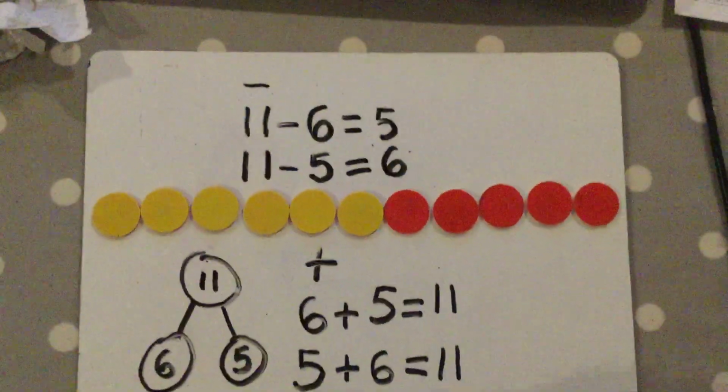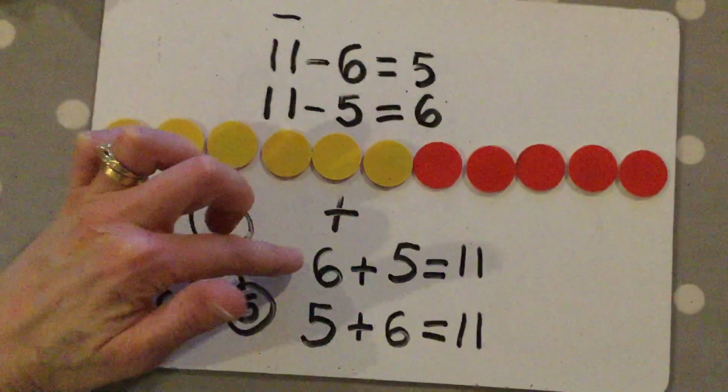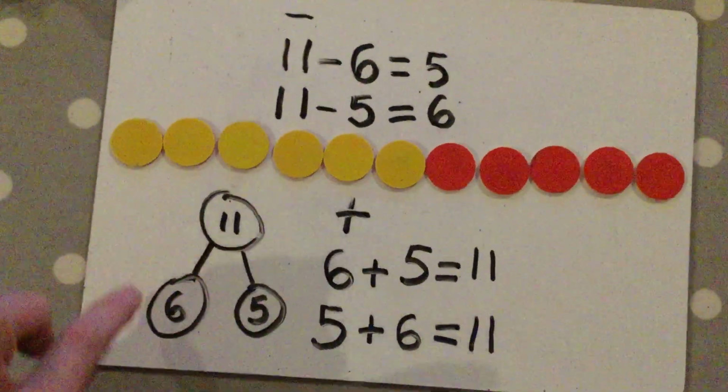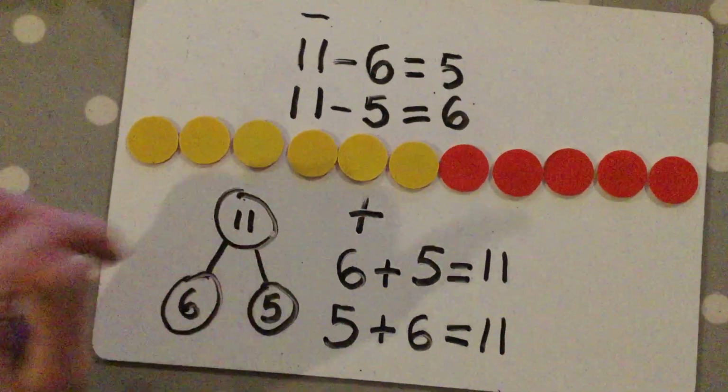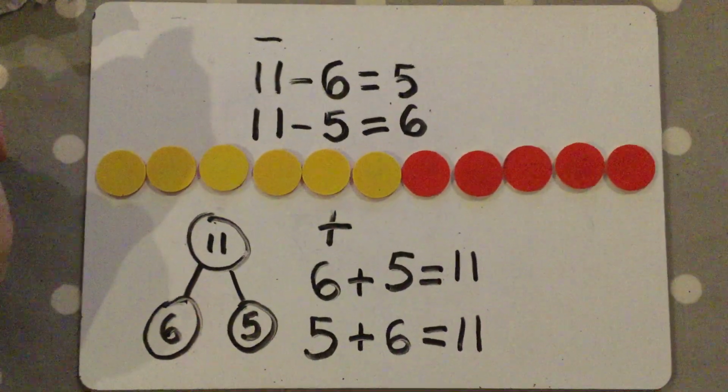Now this is what we call a fact family because we have 1, 2, 3, 4 facts all about this family, these numbers here. So we've written 2 subtraction and 2 addition.